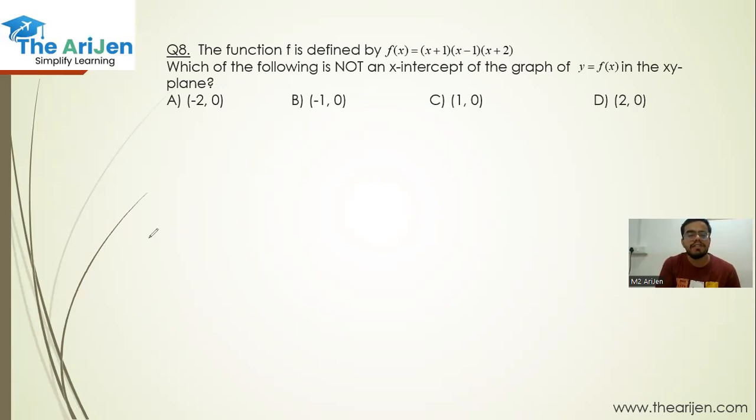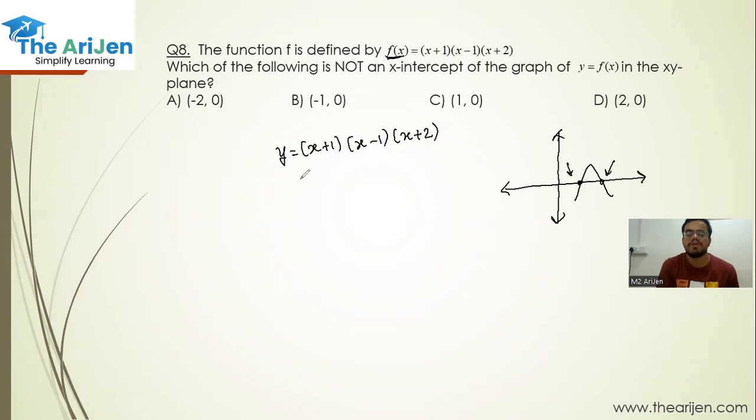Okay, so what is meant by the x-intercept of a graph? The x-intercept of any graph is a point where the value of the y coordinate is 0, or where it is touching the x-axis. Right? So if this is the function, let us say y equals x plus 1, x minus 1, and x plus 2, we need y equals 0.